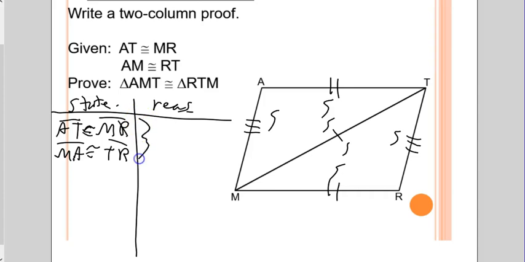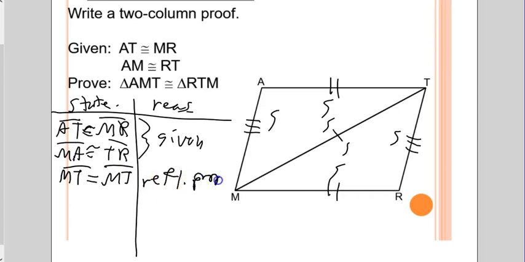Oh, sorry, this is given. What new information did we add? MT is congruent to itself. That's a reflexive property. And now we can just say triangle AMT is congruent to triangle RTM by SSS. Done.